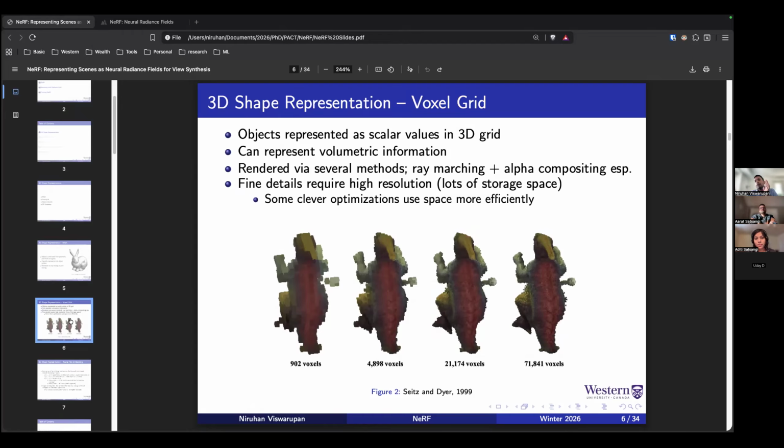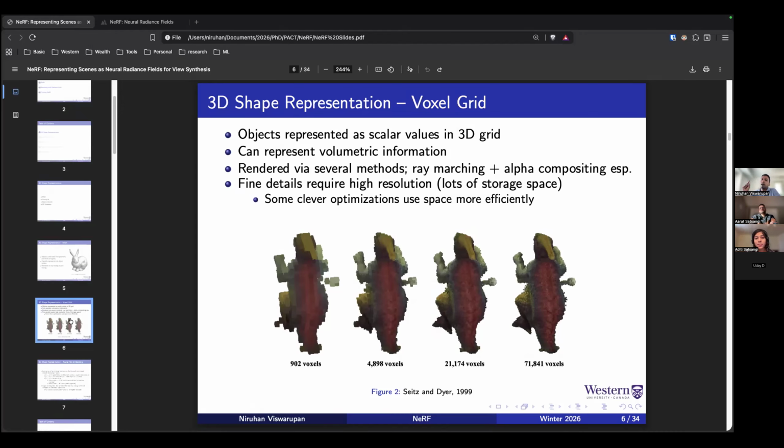Let's say you take a 1024 by 1024 by 1024 cube, and then there are these small cubes inside, like you have 1024 to the power of 3 small cubes inside that big cube. Each small cube is considered a voxel, which is a 3D pixel. Voxel is just a 3D pixel.